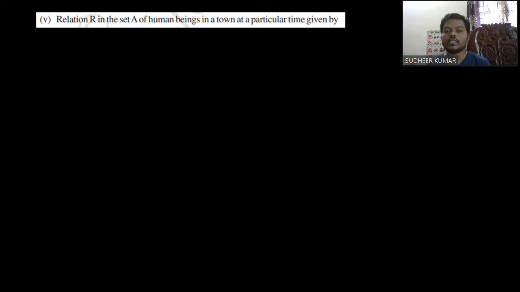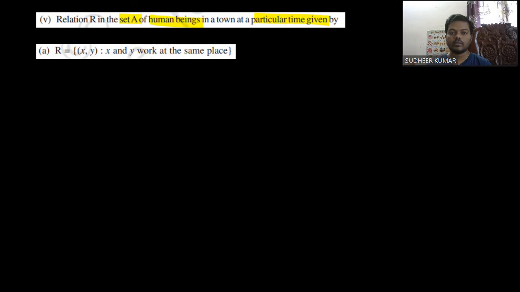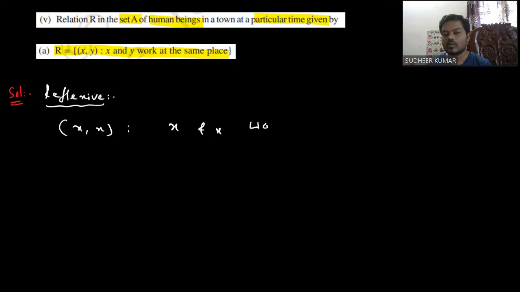So the next question is, relation R in set A of human beings in a town at a particular time is given by: R is the set of (x, y) such that x and y work at the same place. So reflexive: x comma x, x and x work at the same place only.